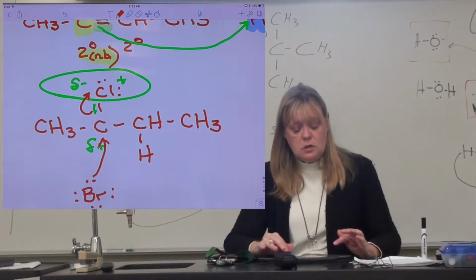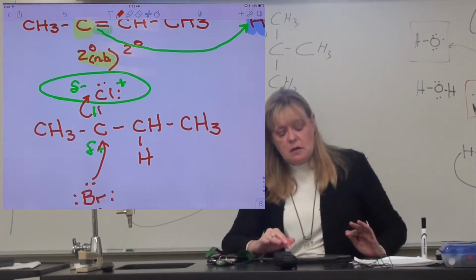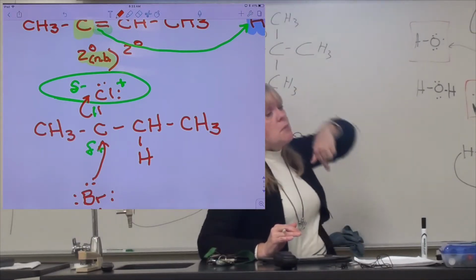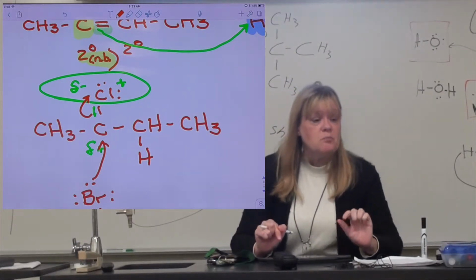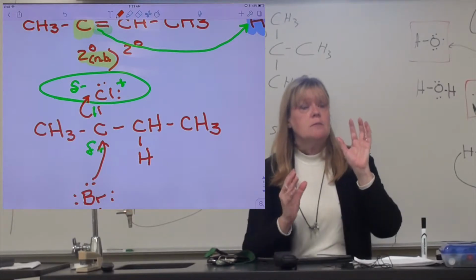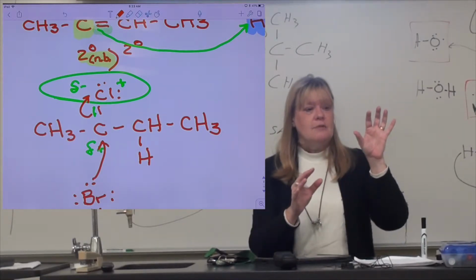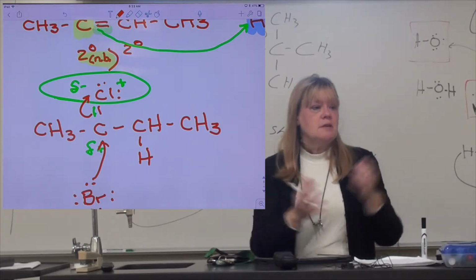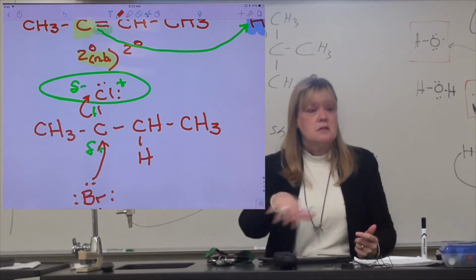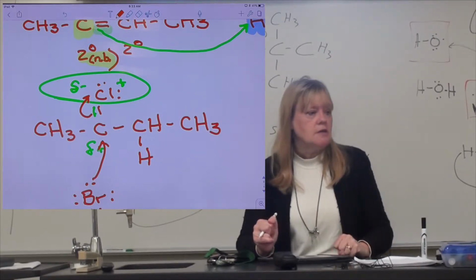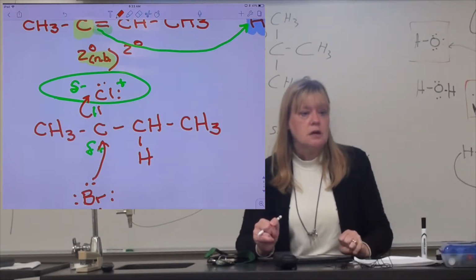I also have students who are upset because if chlorine is that electronegative, why would it want to have a positive formal charge? And it doesn't, but if you have something that has 8 electrons around it, that's a whole lot more stable than something with a positive formal charge. So although this isn't great, and that's why you're going to react it again, it still is better than having a carbocation where you don't have a complete octet.